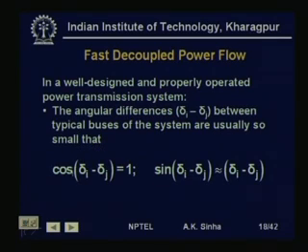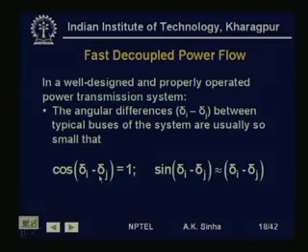Normally this angle difference will be of the order of 10 to 15 degrees maximum, most of the time less than that. So, cos of delta i minus delta j is very nearly equal to 1, and sin of delta i minus delta j is approximately equal to delta i minus delta j radians.